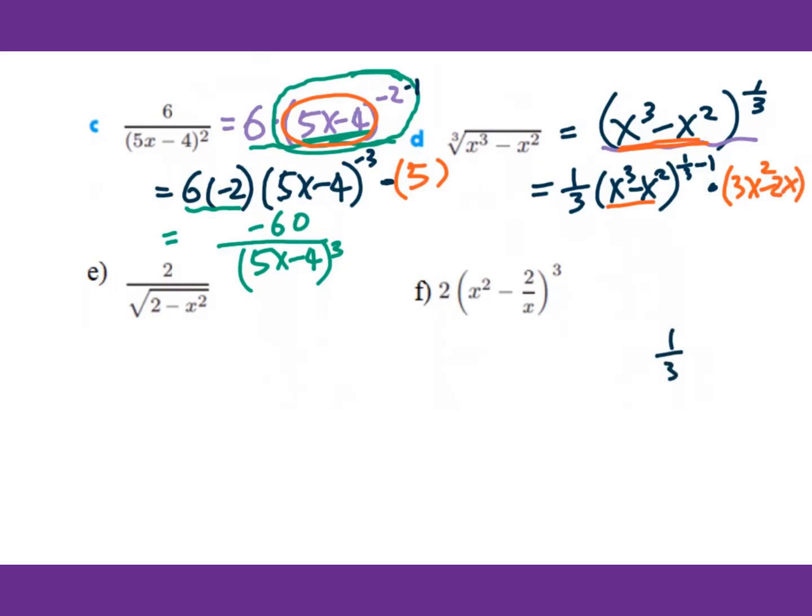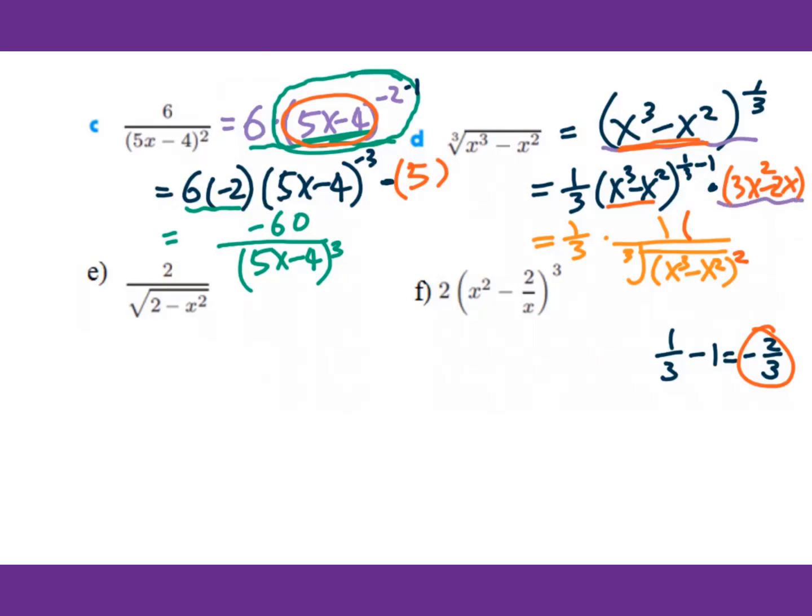For 1/3 minus 1, you will get negative 2 over 3. Therefore, 1/3 times 1 over the cubic root of x third power minus x squared, then squared, because that will be negative 2 over 3. Then times, I will put this to the top, 3x squared minus 2x.